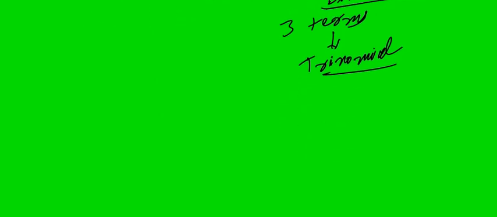Now the second type is according to degree. This is very important. According to degree we will also learn classification of polynomials. If the degree is 1, simply you have to remember that, it is called a linear polynomial. But the question here is, if the degree is 0, then what will we call it? We will talk about this.